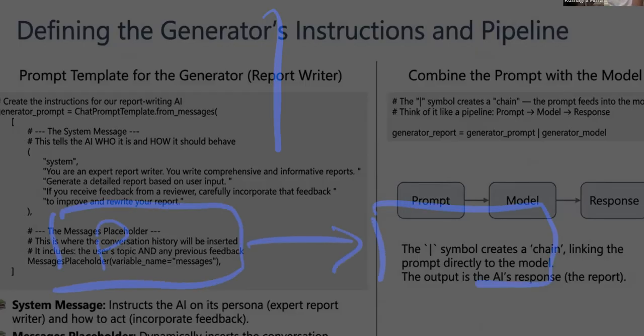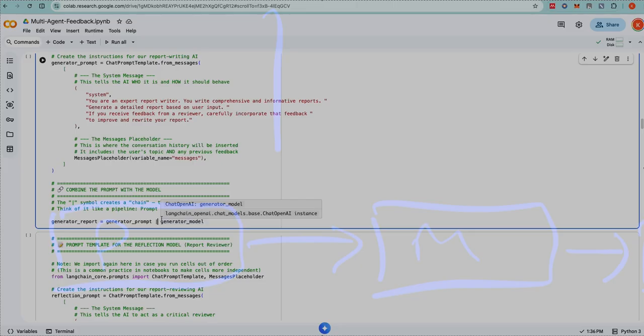You have a prompt passed to the model, and then your response gets generated. So your pipe is actually becoming a chain, connecting these two. So this is how we are connecting a prompt with a model, and then a response gets generated.